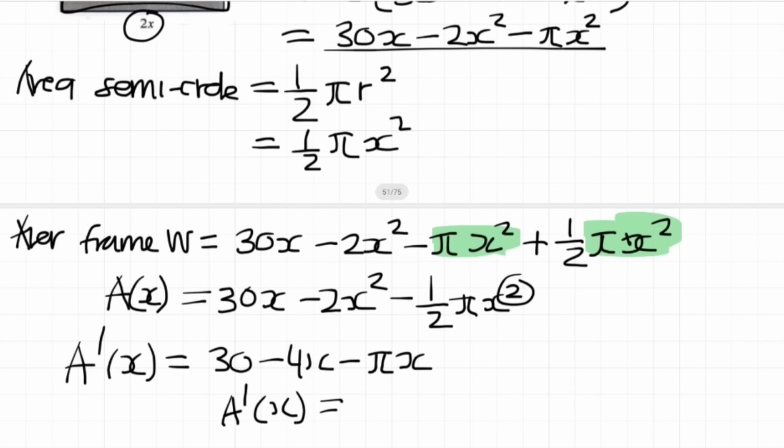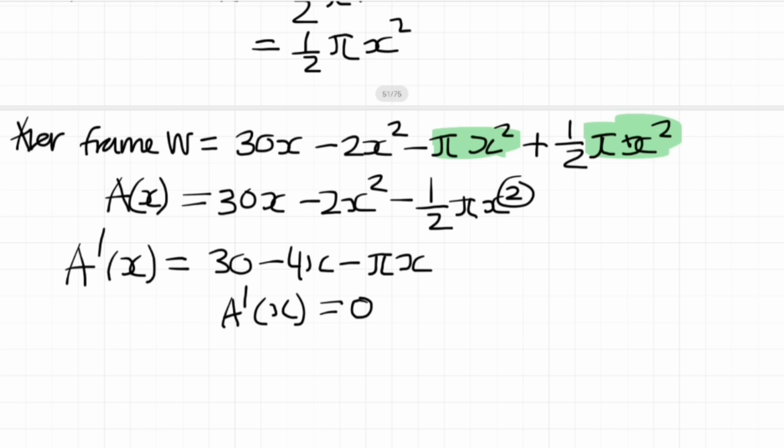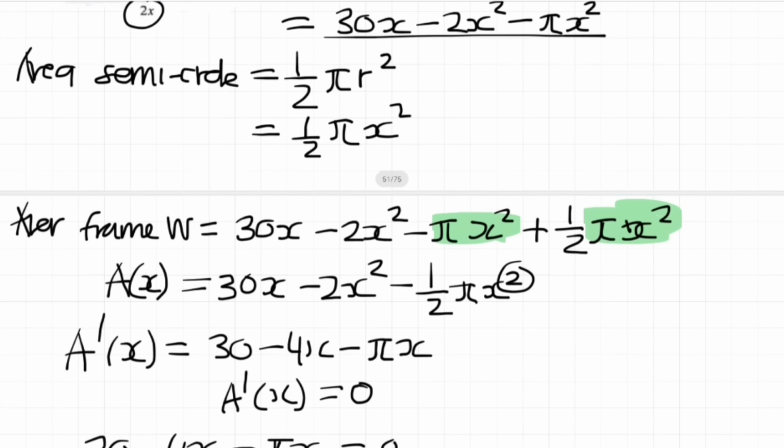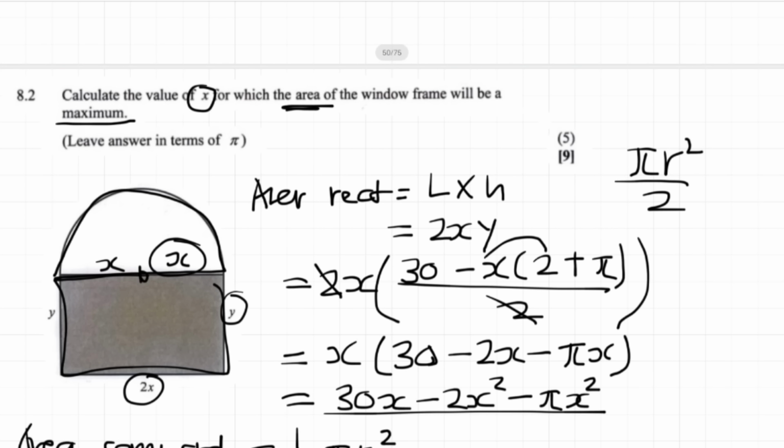The first derivative has to be equal to 0. So we need to take 30 minus 4x minus pi x, which is equal to 0.